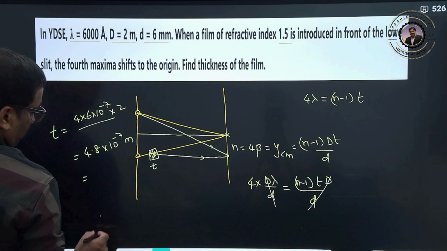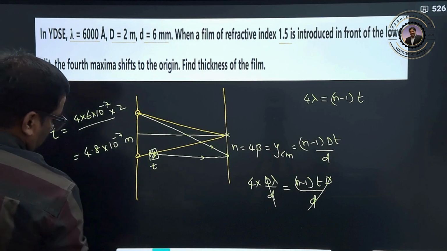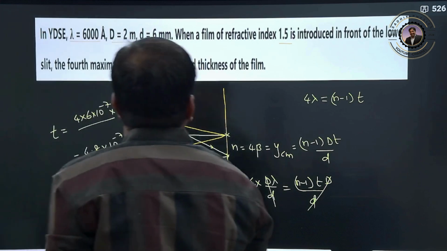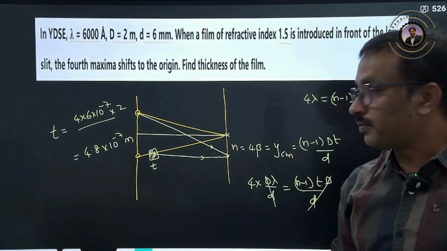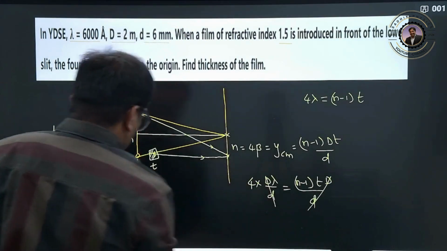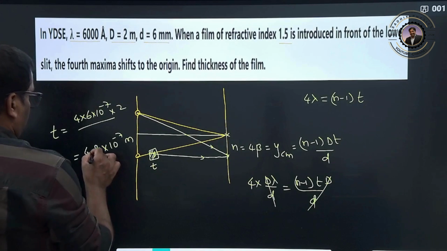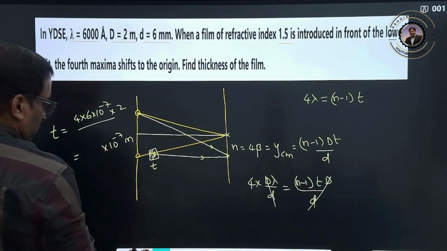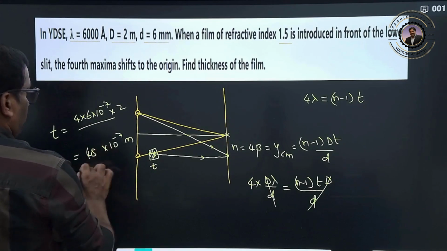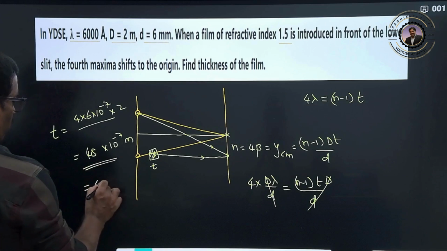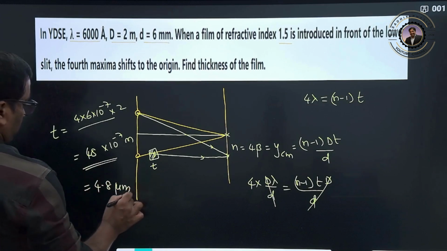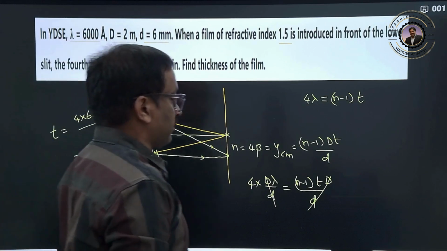Clear? So this is our thickness of the film. Here it is not 4.8, it is 48, or we can write 4.8 micrometer will be the thickness, right.